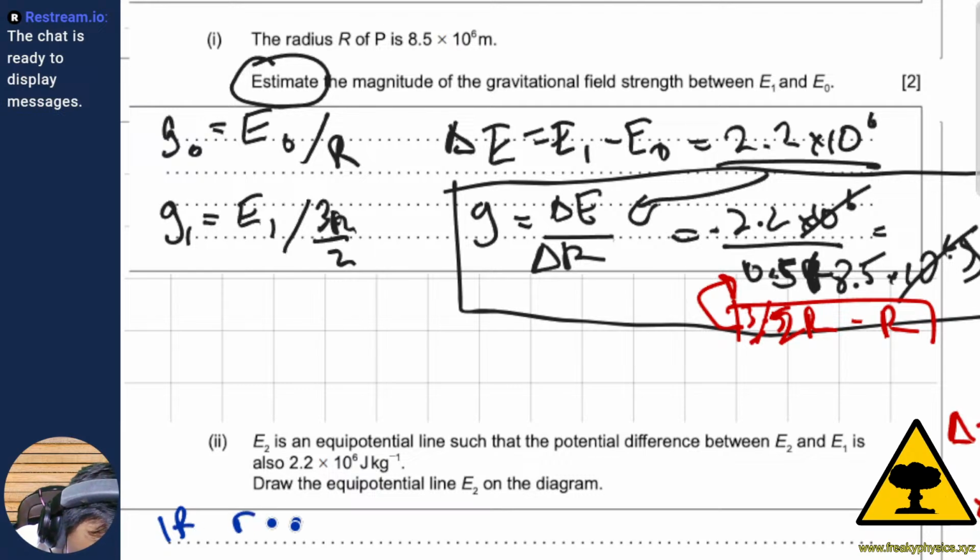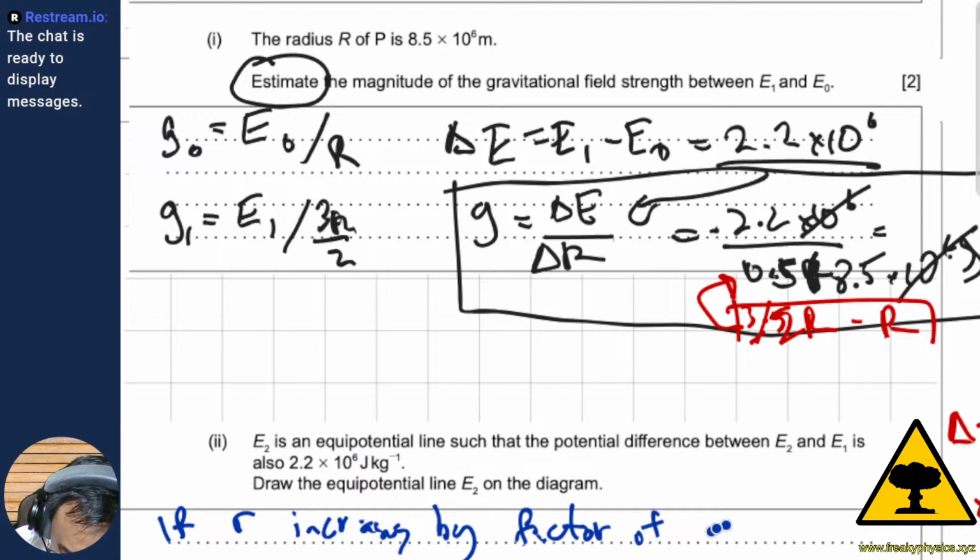If R increases by a factor of X, E decreases by a factor of X. In other words, this is going to be multiplied by X. Okay, hold on, I'll change the letter so it's not too confusing.